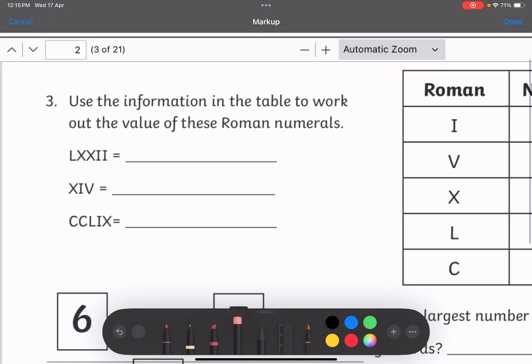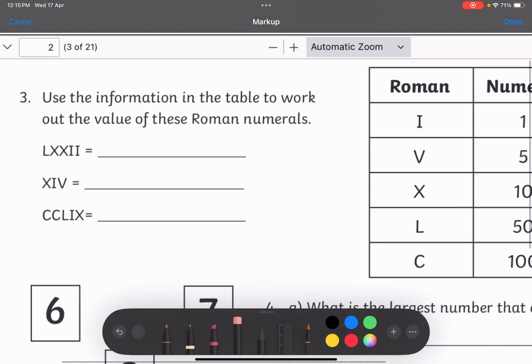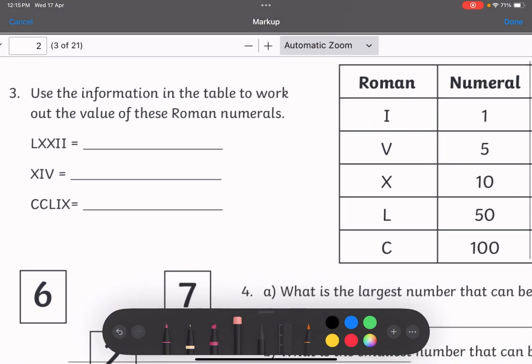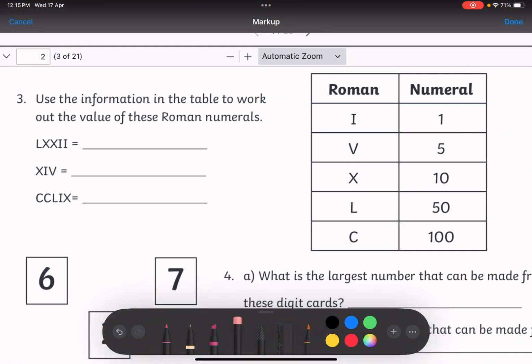So L is 50. One tip about Roman numerals: you won't say 50, then 60, 70, and then add 11. Basically Roman numerals are stuck together. So L is 50.